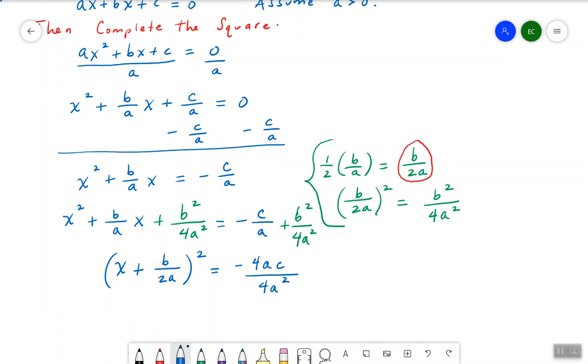And so again, to get the denominator 4a squared, we had to multiply this denominator a by 4a. And so then we just multiply the numerator by 4a as well. And so that gives us this fraction right here, plus b squared over 4a squared.